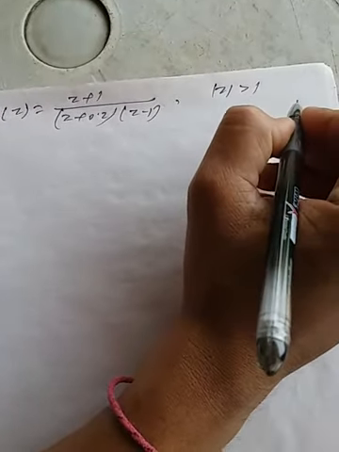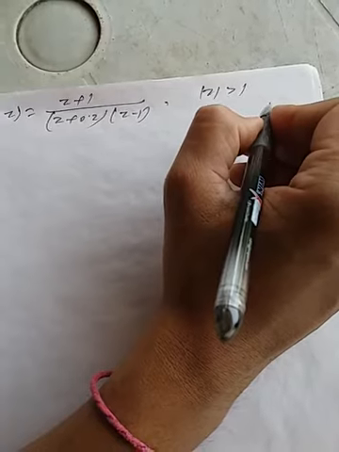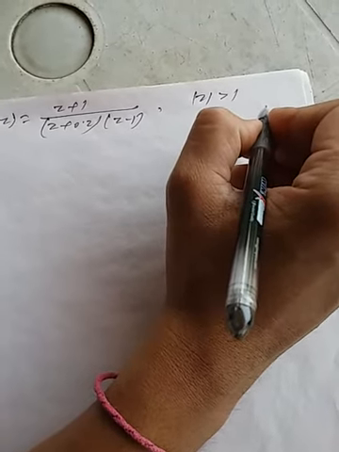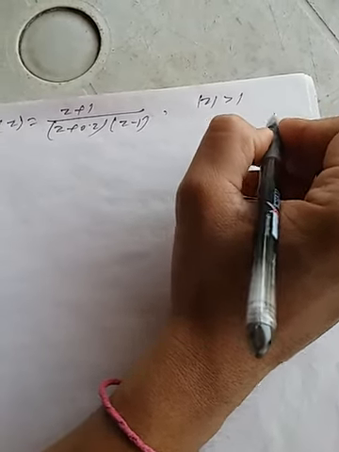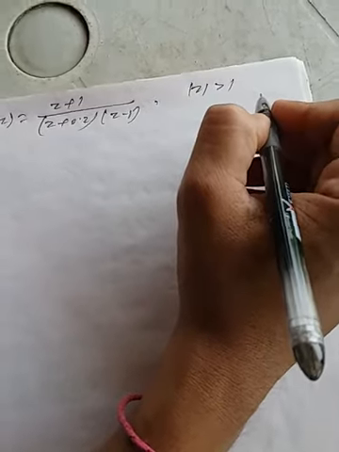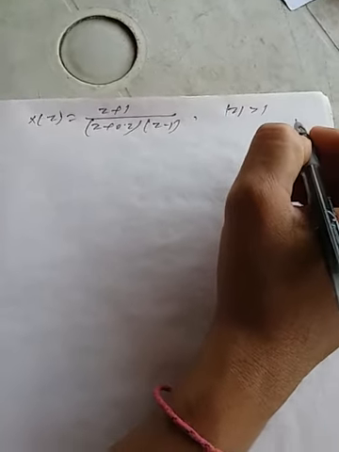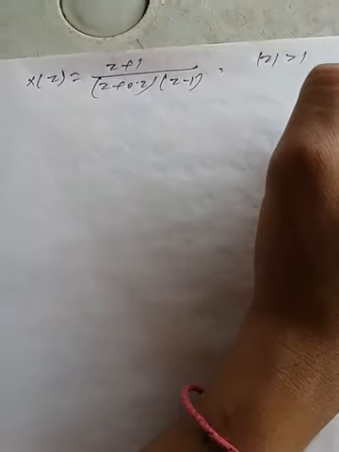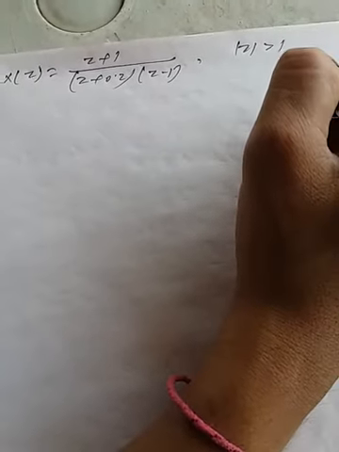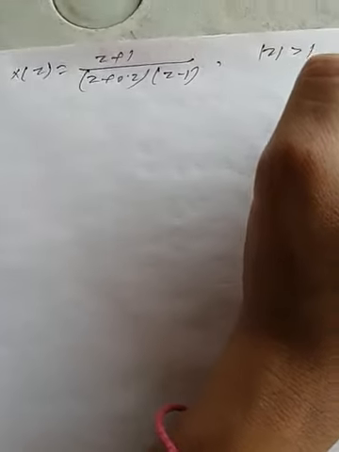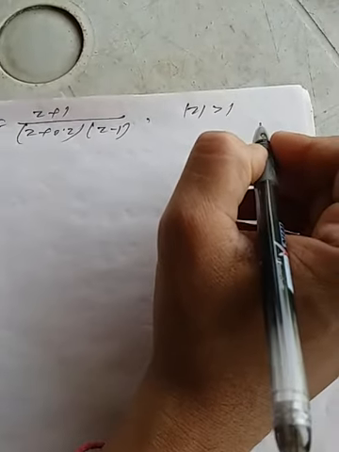For n less than 0, if we get the values of x[n] for n less than 0, then the sequence will be a non-causal sequence, right? And if we get the values of x[n] for n greater than or equal to 0, then the sequence will be a causal sequence.